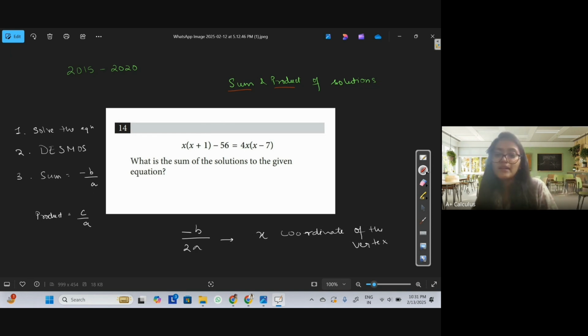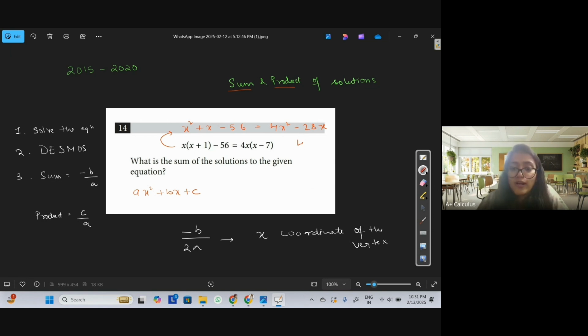And what are a, b, and c? Well, you have to compare the given quadratic equation with the standard form, ax squared plus bx plus c. Right now, this is not in the standard form, so you need to simplify it a bit. Distribute the x, you'll get x squared plus x minus 56 equals 4x squared minus 28x.